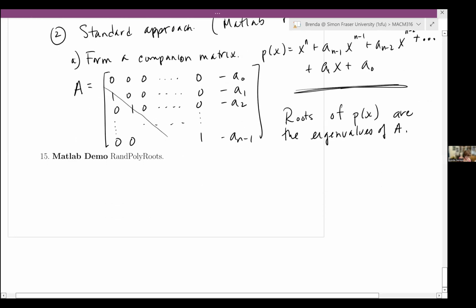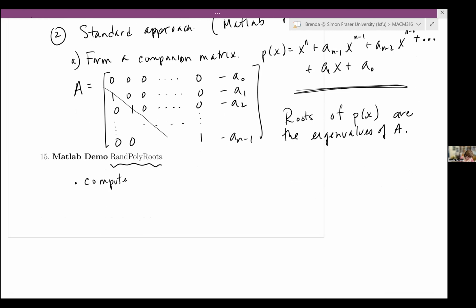Okay, so there's a MATLAB demo that you could run from the MATLAB code on our Canvas page, and this is a program that you should run and take a look at what happens.